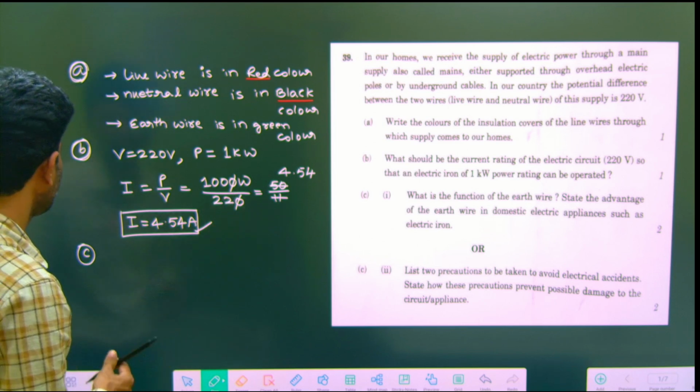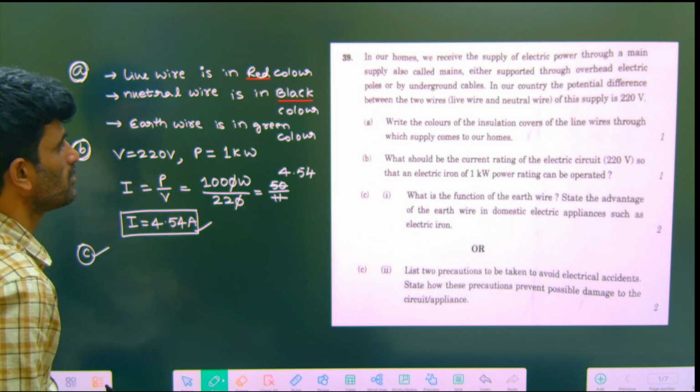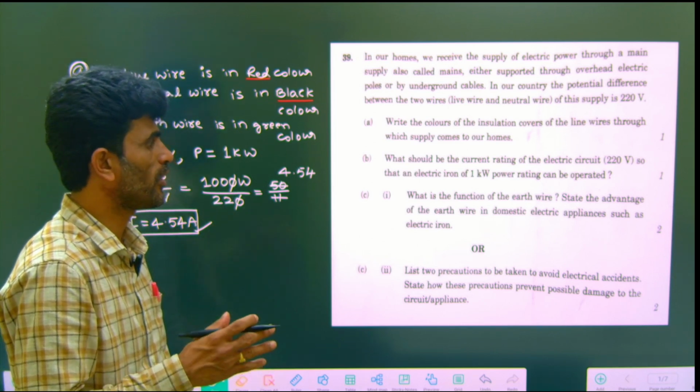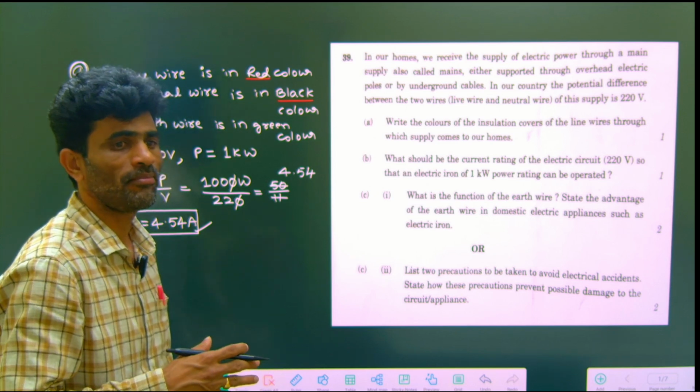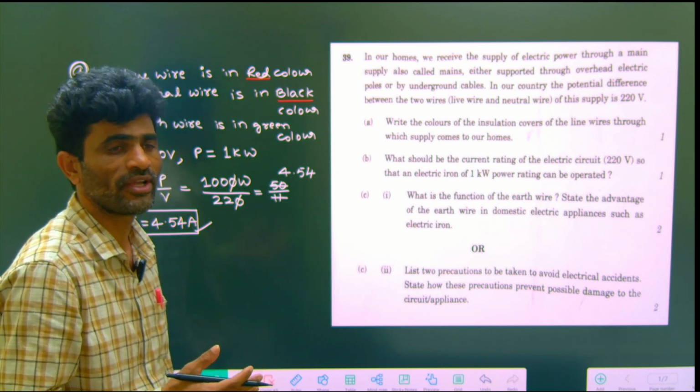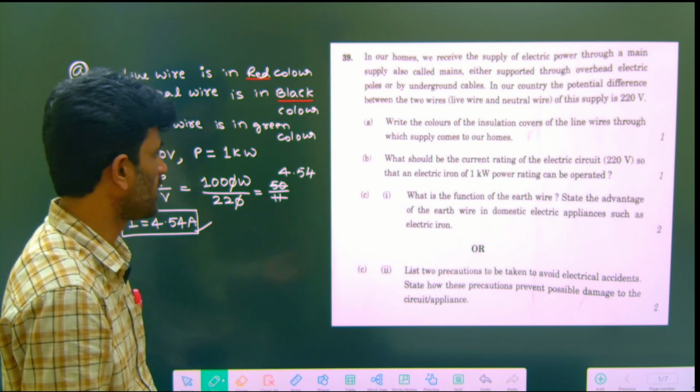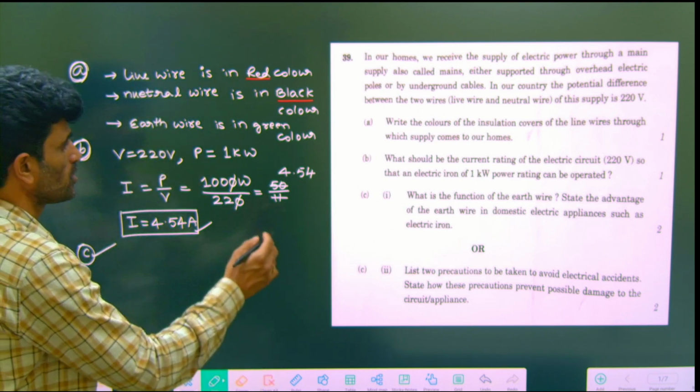So that you have to write here. Hope you understood what to write. The earth wire will protect us from electric shock whenever there is a leakage of current. That you have to mention here in question C.